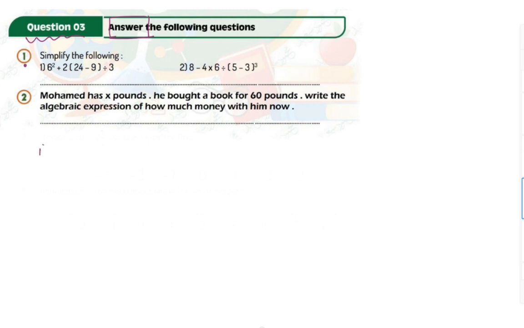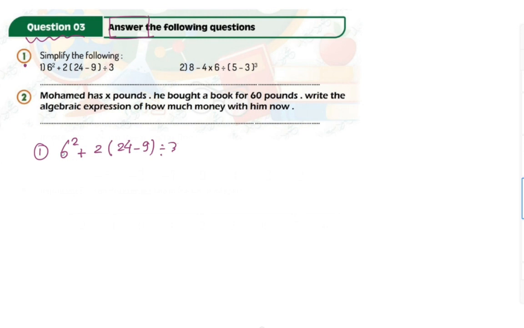The first point, we have 6 to the power 2 plus 2 times the parentheses 24 minus 9, divided by 3. I will write it again here. How to solve? Now we have an algebraic expression without variables.